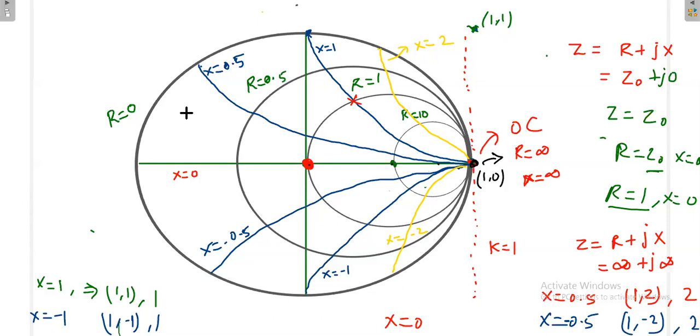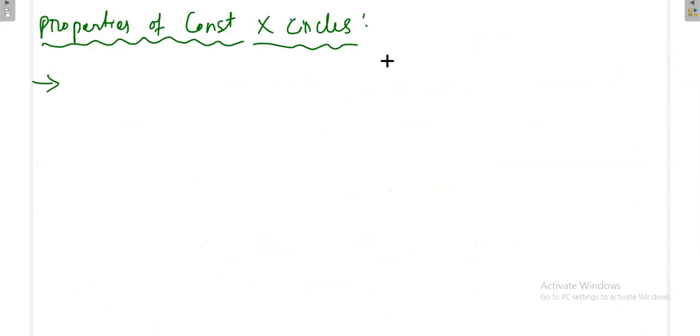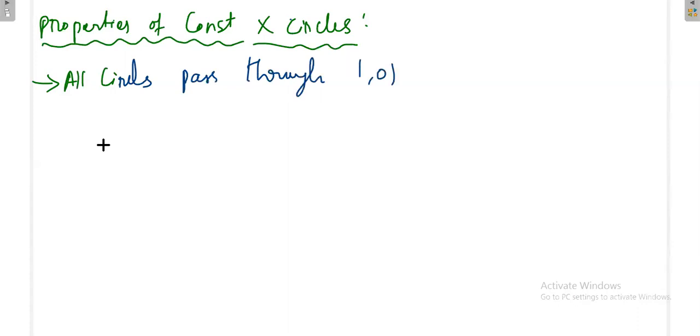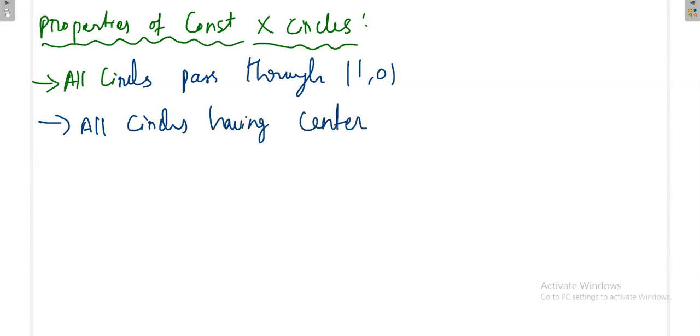Okay, so what I can write, all circles pass through 1, 0, and all circles having center at k is equal to 1 or x is equal to 1 line.